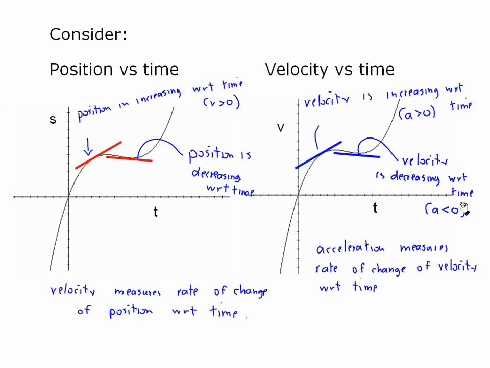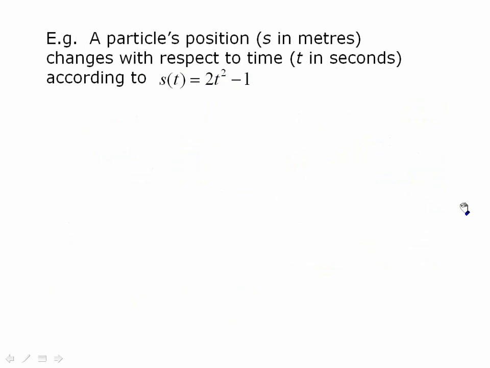So you want to be clear on what those things represent. So let's take a look at a problem, or two, or three. A particle's position, s, in meters. You will see a lot of the time that the letter s is used for position instead of d. And it changes with respect to time, t, in seconds. According to this formula, s at t is equal to 2t squared minus 1.